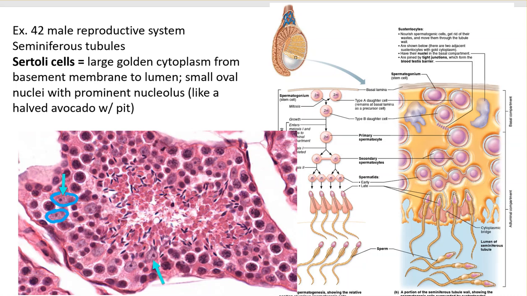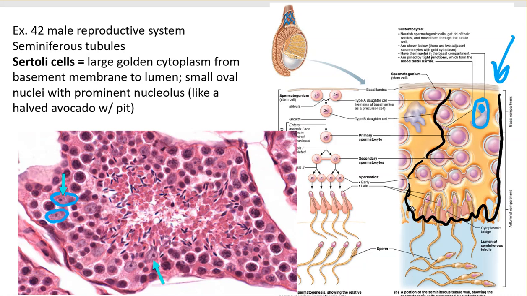What you're seeing is this structure right here with a little dot in it. You're seeing the nucleus of the cell. But then the cytoplasm of the cell extends all the way up to the edges. And so this is the cytoplasm, basically, of the nurse cell.